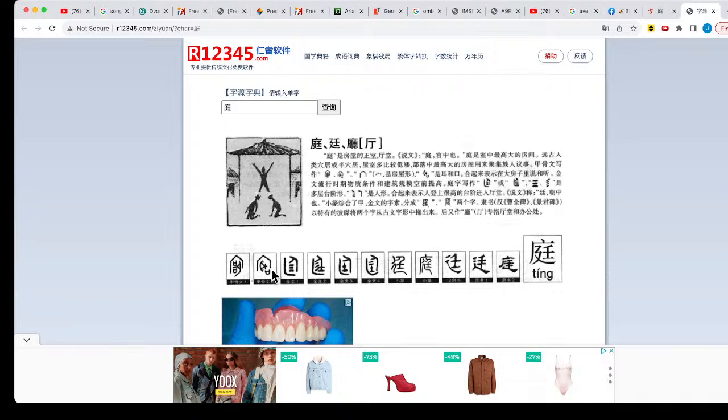Inside the house, in the very ancient time, you can see this. It has a mouth over there and an ear over here.